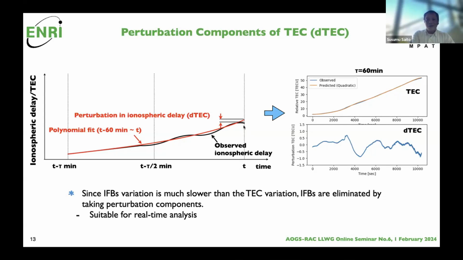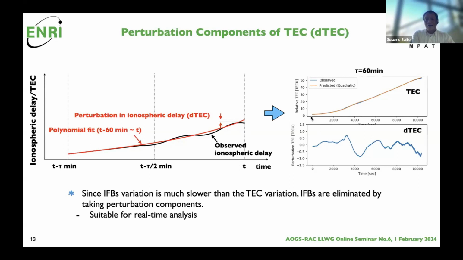The difference between the observed and predicted or fitted TEC at time t is considered as the perturbation in the ionospheric delay, or delta TEC.